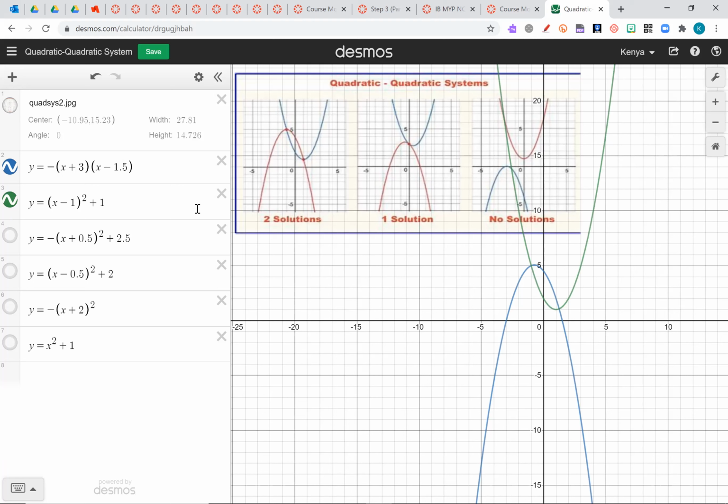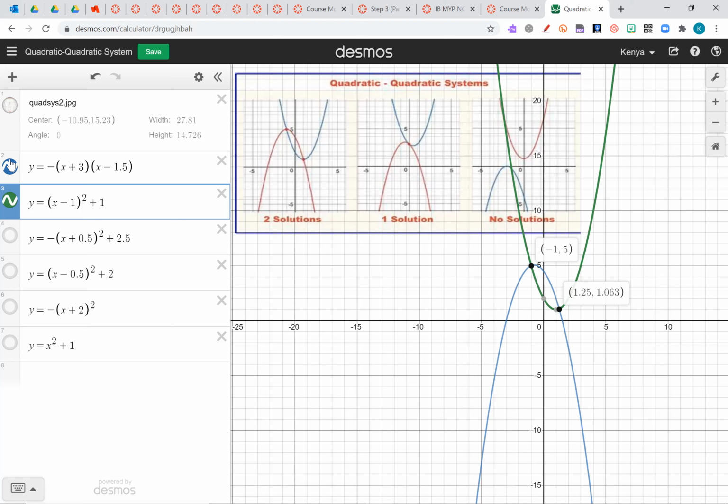These two graphs are intersecting in two locations. Again, Desmos allows us to click on the intersections to see the answers. My first solution is negative 1, 5 for the system. And my second solution is 1.25, 1.063. That is the second point of intersection.